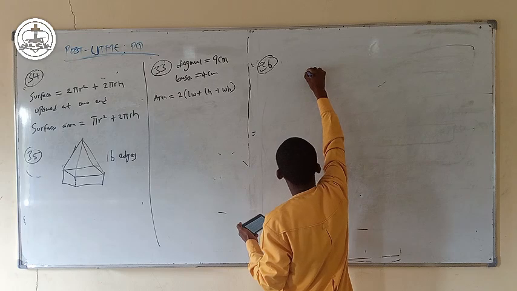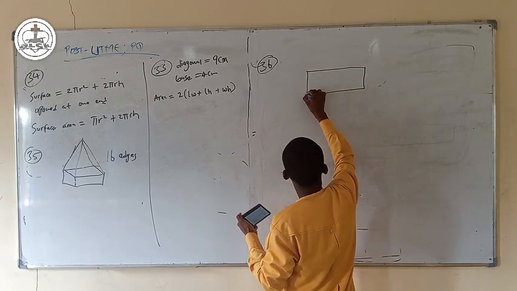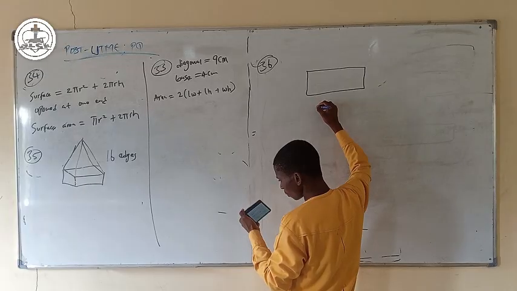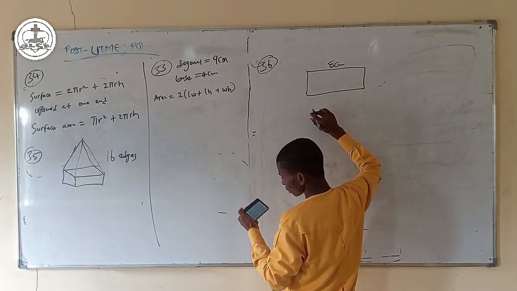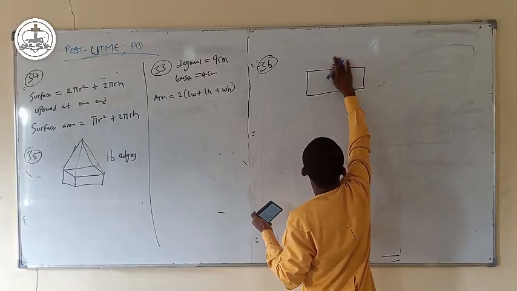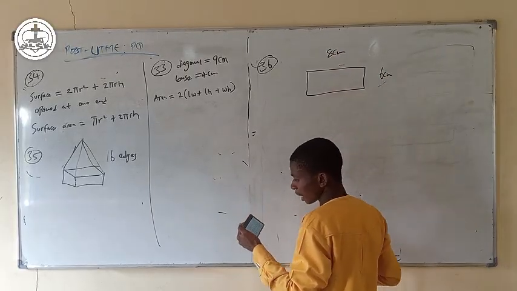That means there is a rectangular picture. Let's say this is the picture, and we have 8 centimeters here, and 6 centimeters here.